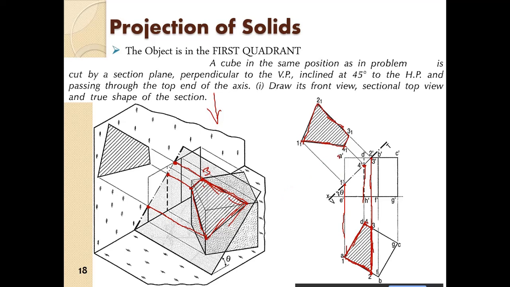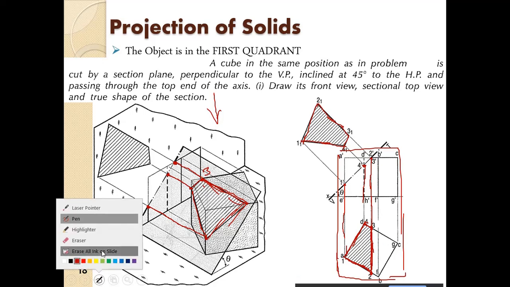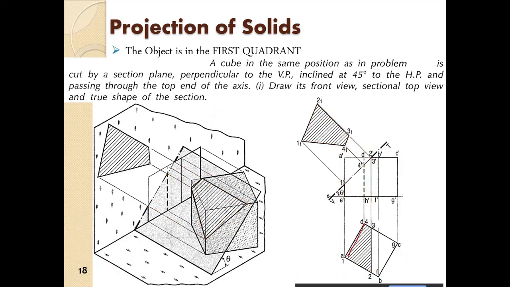Okay, but this is the requirement. So here again, the first step is the top view of the cube. Second step is draw projectors from the points of the cube and draw the front view of the cube.